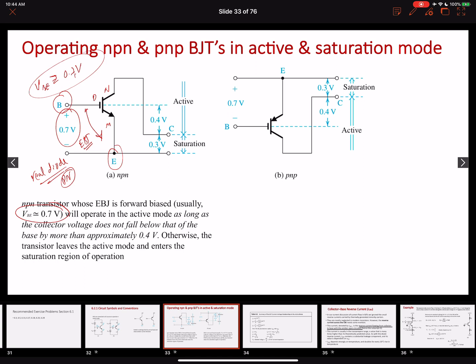Now let's look at what is happening at the collector to base junction, right? We know that our base is p-type. So when our base to collector voltage is greater than or equal to 0.4 volts, it will become forward biased, or it will enter into the saturation region.